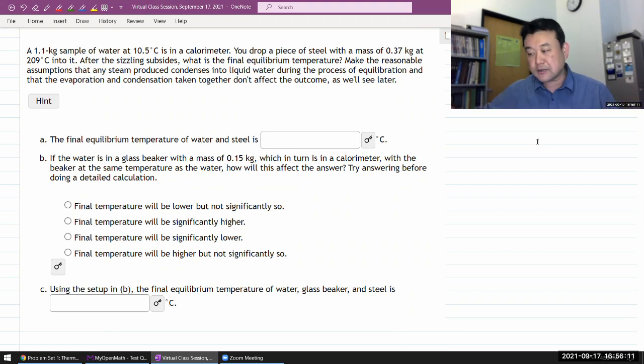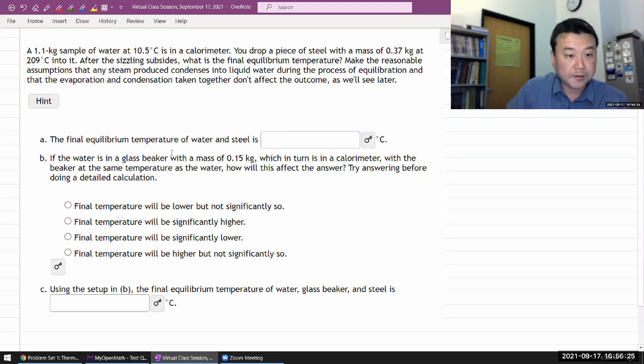But since this is possibly one of the homework questions, let me cover it, working through one additional example of calorimetry questions. Let me start by labeling these things. Some mass M1 of water, at some temperature T1, is in a calorimeter.